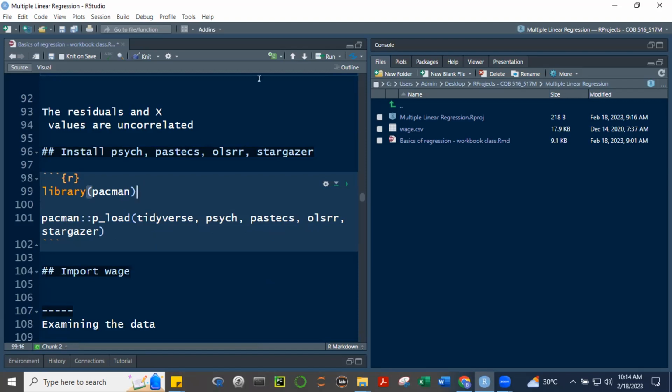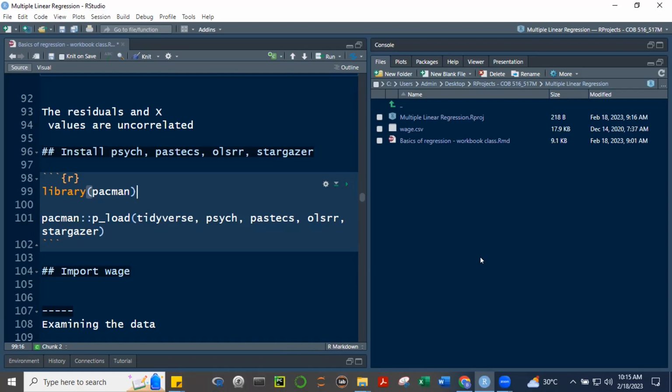Plus, clarify ko lang, we met this already, di ba? Itong p_load ni Pacman before. Did we? Yes, sir. Okay, good. Sige. So, pwede natin i-run to, ito yung shortcut. Instead of doing install.packages, tapos library, matagal yun. Isa-isahin kasi natin yan.